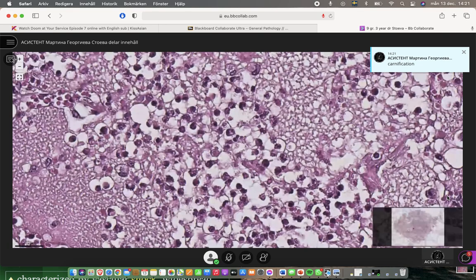So if the exudate is not resorbed, then there is organization, and this organization of the exudate is known finally as carnification. Organization means that there is growth of connective tissue within the alveoli at the place of the exudate. Usually it happens through the stage of granulation tissue.